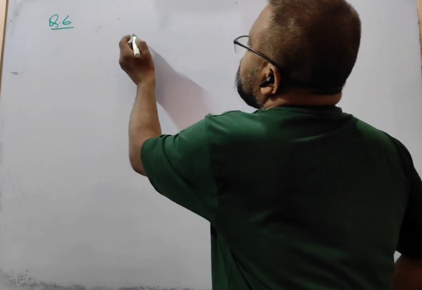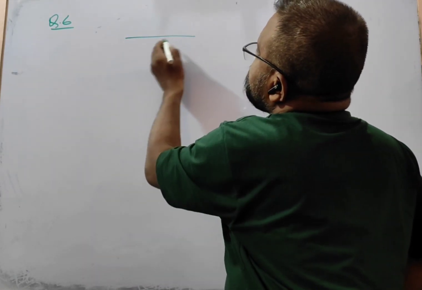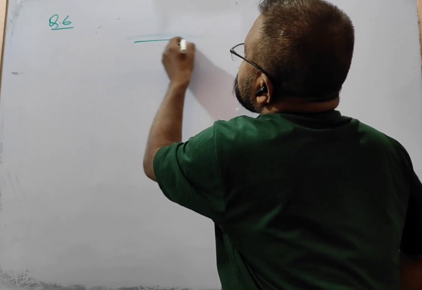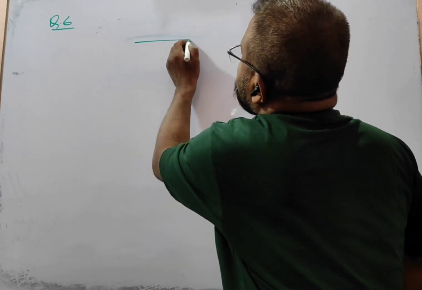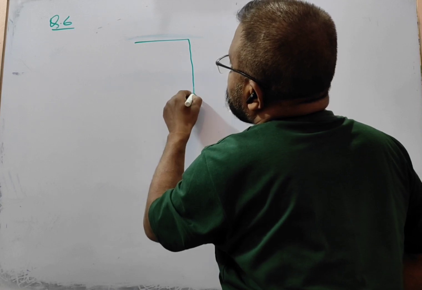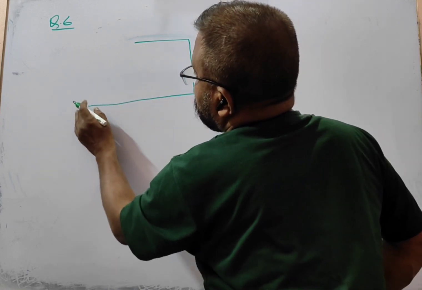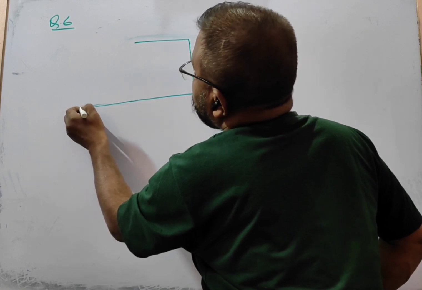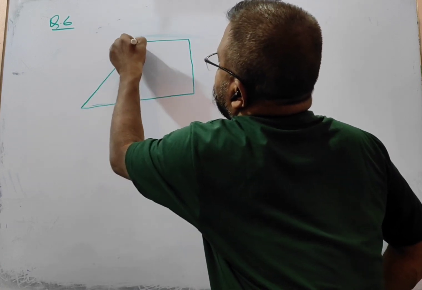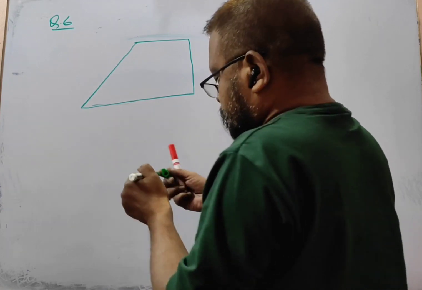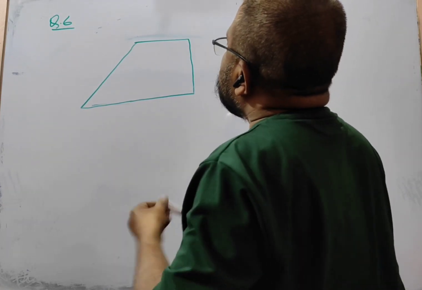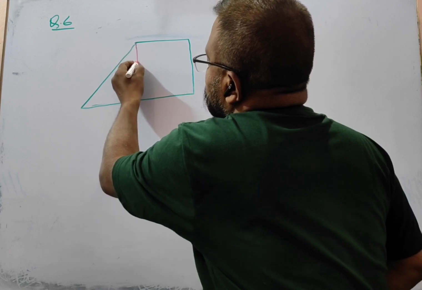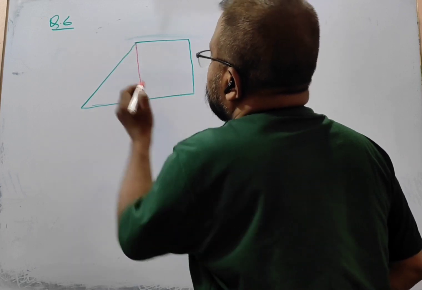Here, this is 4, then there is a line, then it is of 7, and then we have like this, and there is a perpendicular from here, right?